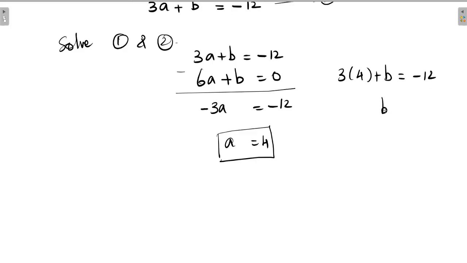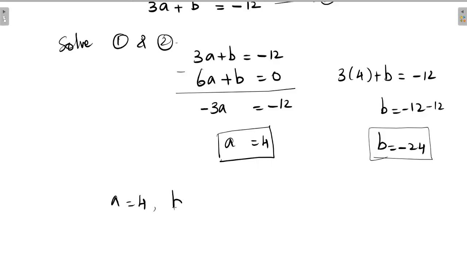So b equal to minus 12 minus 12. So b equal to minus 24. We found the values of a, b and c. So a equal to 4 and b equal to minus 24, and already we found the c value is 31.